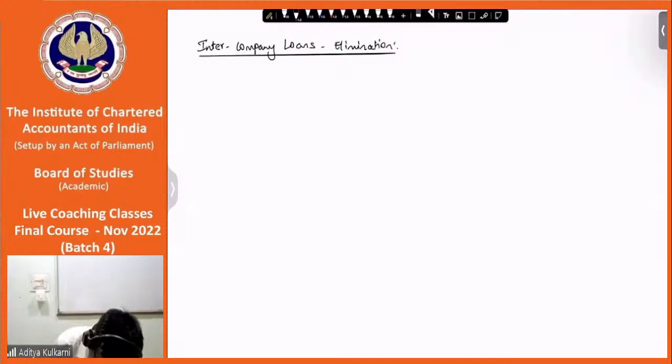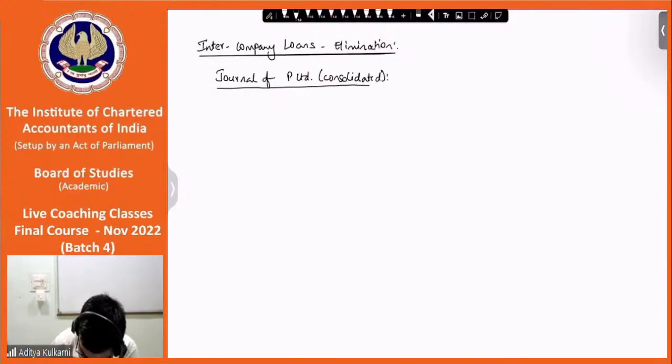So journal of P Limited, which one? This is the consolidated journal. Okay, this is not the regular journal. This is not the standalone journal. In the standalone, the receivable is very much going to be there. The payable is very much going to be there.